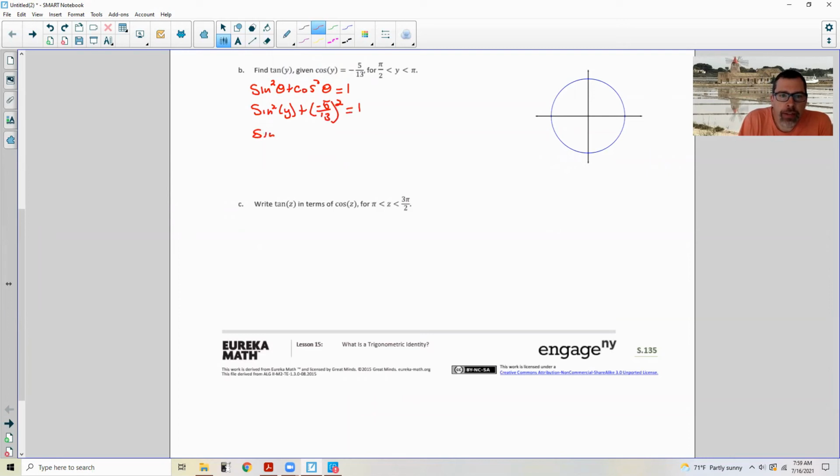So we get sine squared of y equals, so think of this as 13/13ths, and we're adding 5/13ths to it.